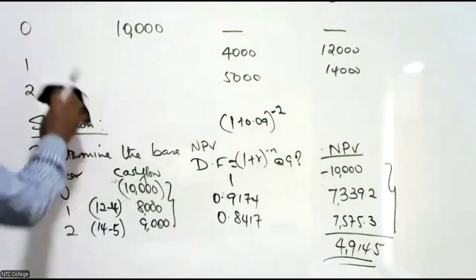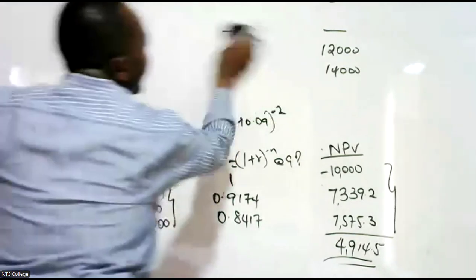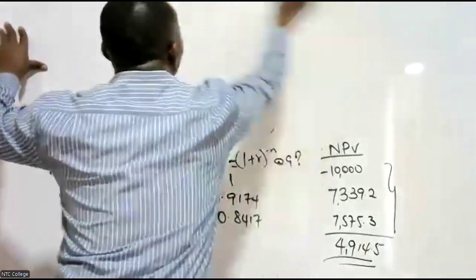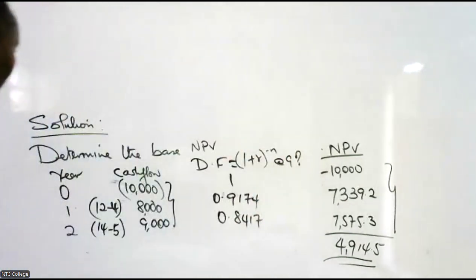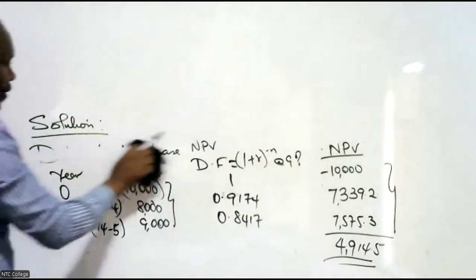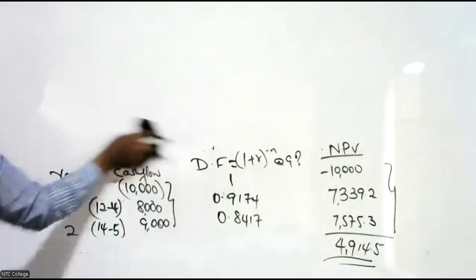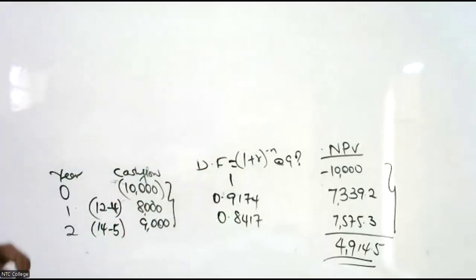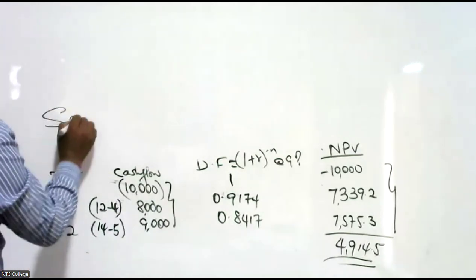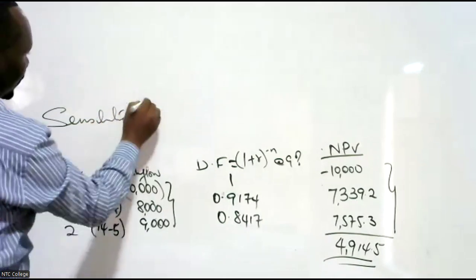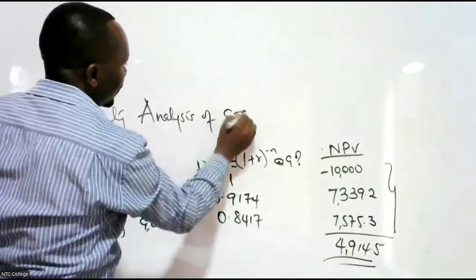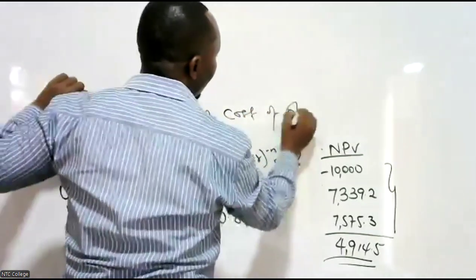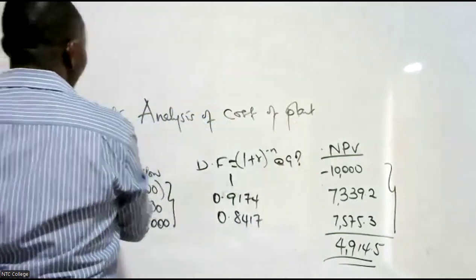We can now vary some items. They told us to do a sensitivity analysis of cost of plant.